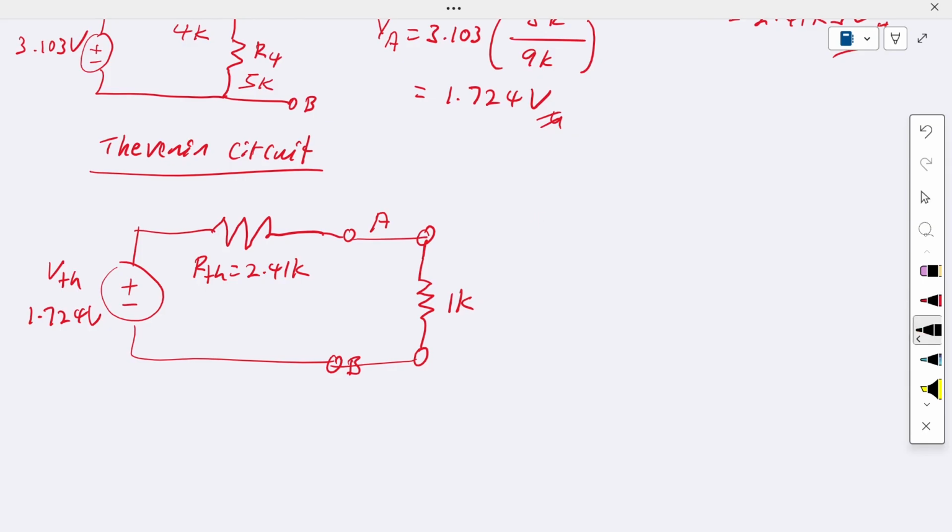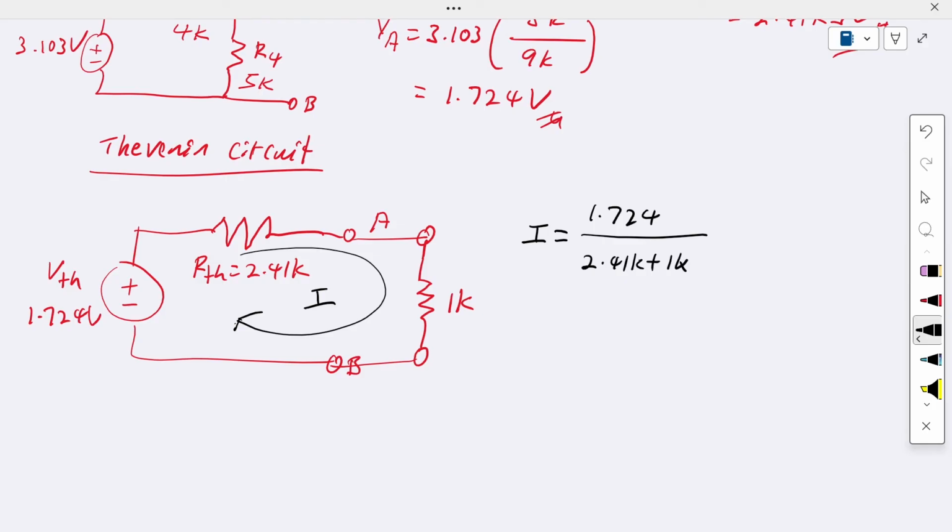So we assume the current flows in this network in this direction, denoted as I. So this I is equal to VTH, 1.724 volt, divided by 2.41K plus 1K. Okay, so when you calculate this, you get 0.506 milliampere.